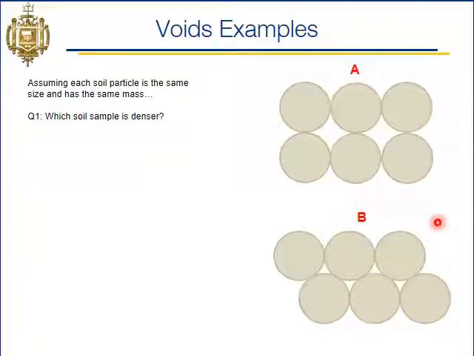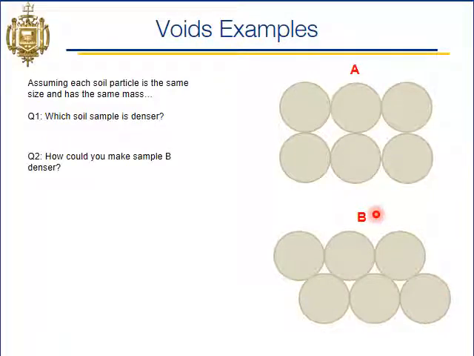Right, so density has to do with how much void space is in the soil, right? Lots of void space, less dense, less void space, more dense, right? So A has these big giant voids between the particles, whereas B, these voids are much smaller. So soil B is our more dense soil.